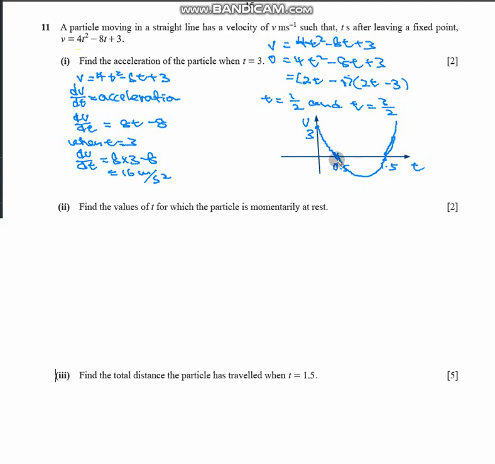That means the particle is actually moving in the opposite direction after t equal to 0.5. Then the particle continues in that opposite, negative direction. So by the time we reach t equal to 1.5, we change its direction again, becomes positive.